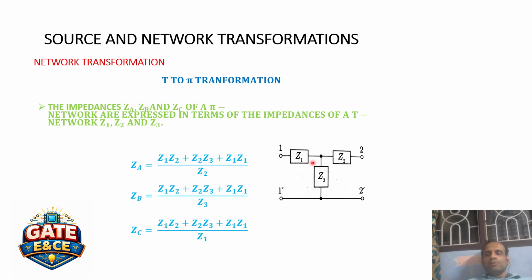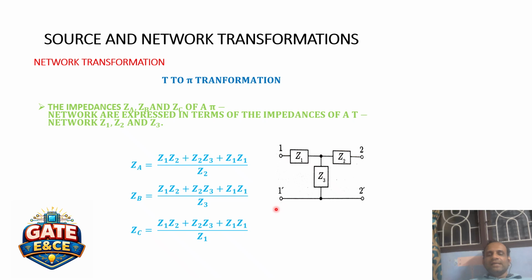Z3 is not common to 1, 2. It is away from 1, 2. So ZB is connected across 1, 2. It is an impedance which is equivalent to the impedance across 1 and 2.